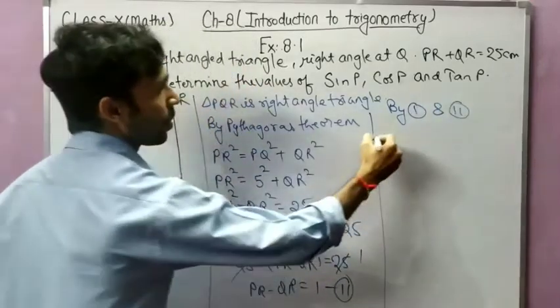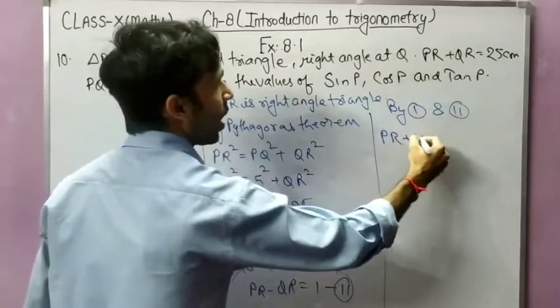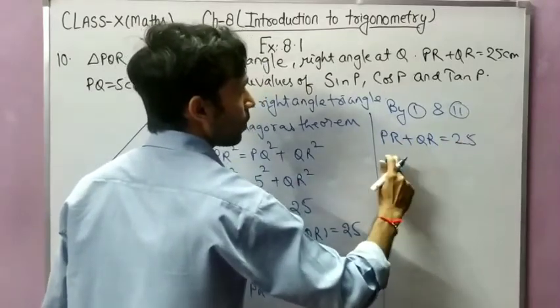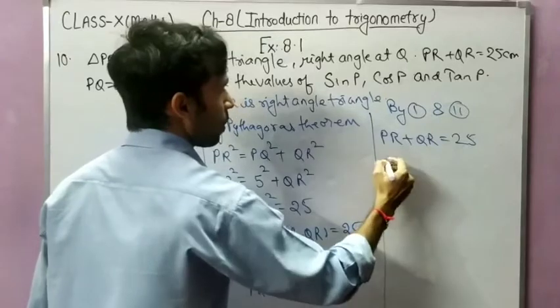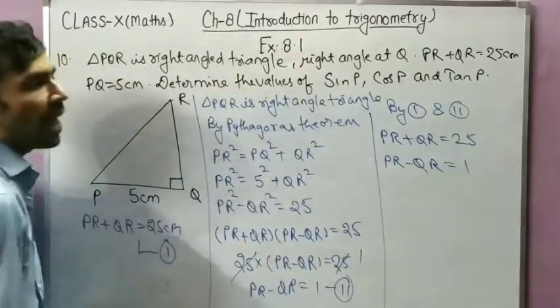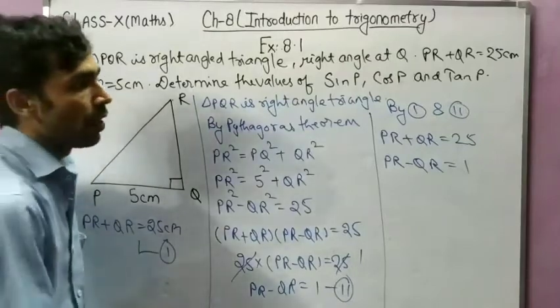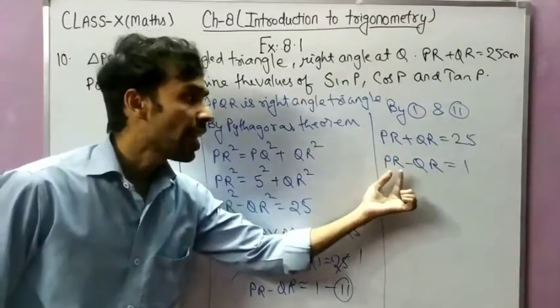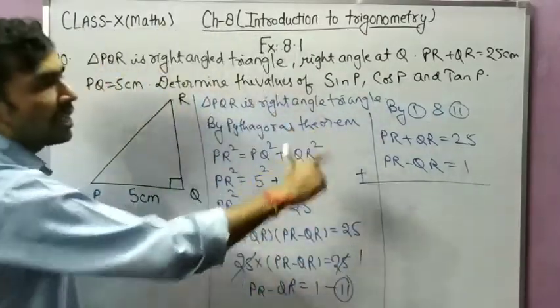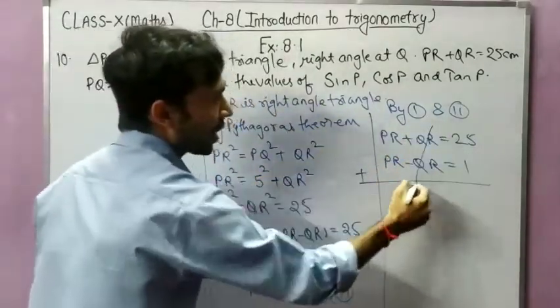what can we write? PR plus QR equal to 25 and PR minus QR equal to 1. If we add these two equations, QR will be cancelled.